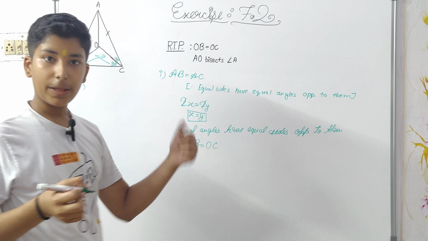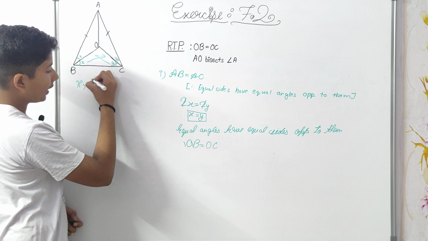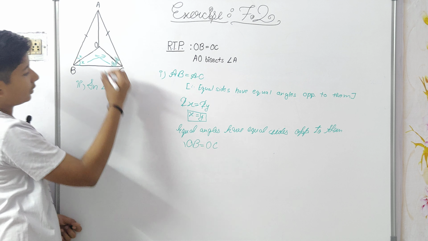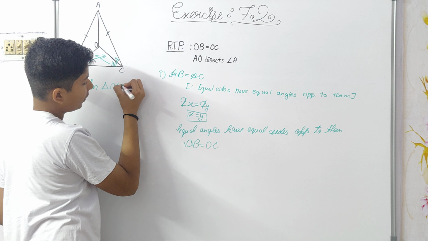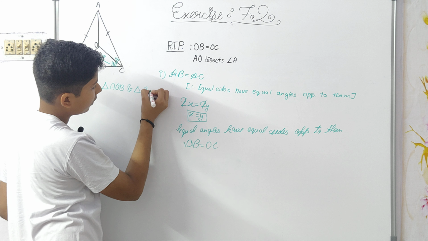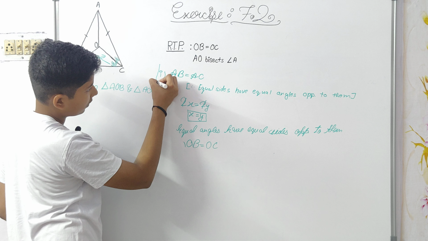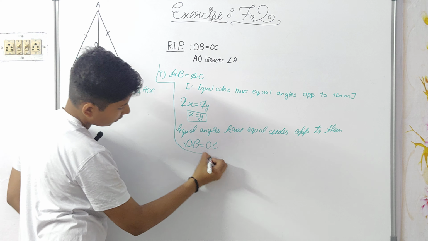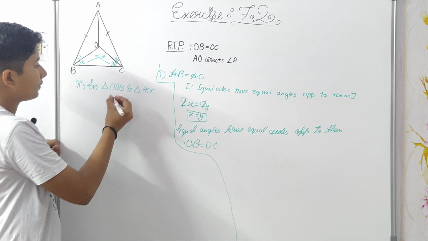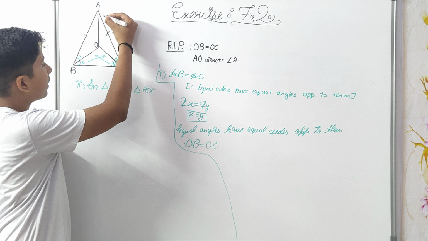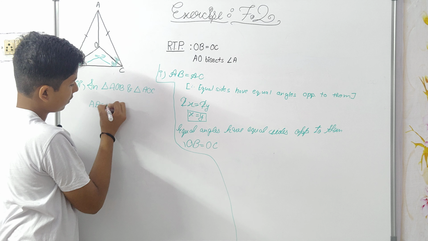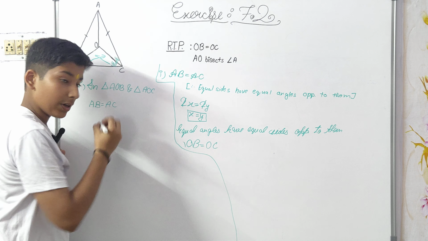We have to prove AO bisects angle A. So we'll write in triangle AOB and triangle AOC. Firstly, AB equals AC, and here we write given.